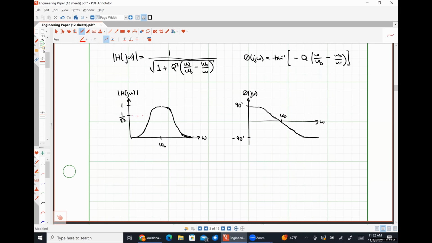So I'm going to draw a dashed line like so. And I can see very easily that I'm going to have 2 corner frequencies for this system. And based on what we know about the behavior of poles and all that kind of stuff from our analysis of Bode plots and all that jazz, we should also see that at these exact same frequencies is when our phase response hits exactly 45 degrees and negative 45 degrees, respectively.